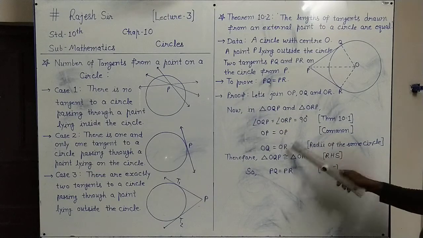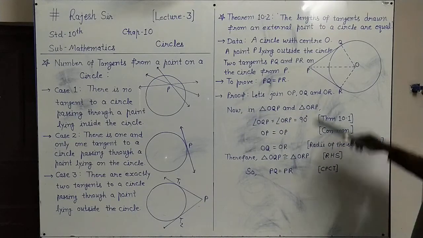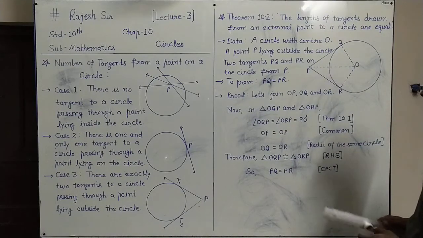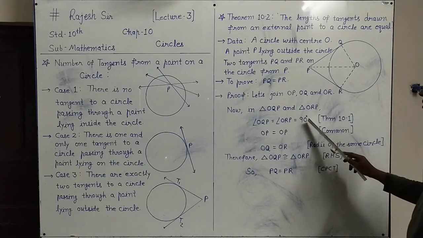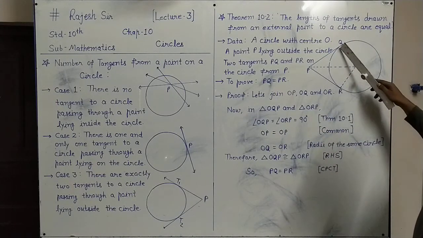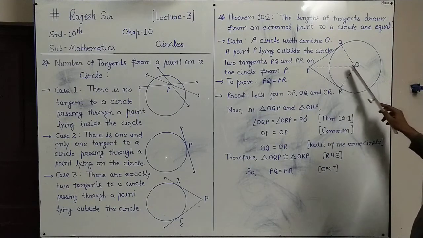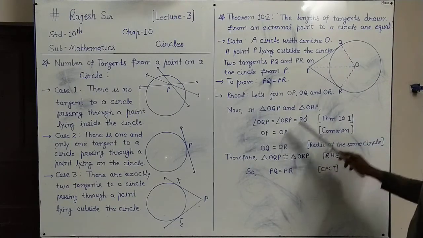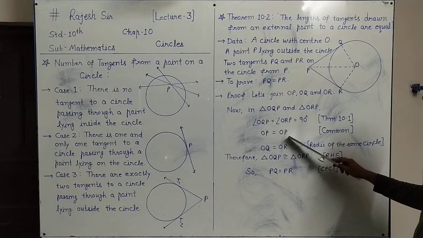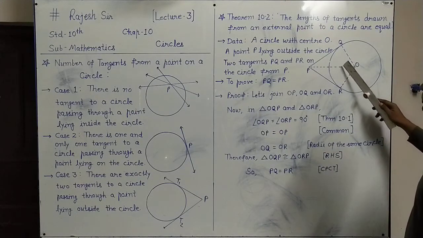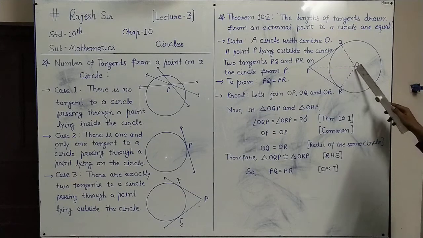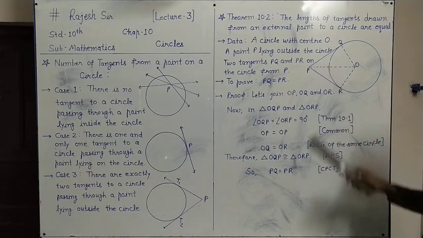Now, showing these three things equal in these two triangles, what have we shown actually? One right angle we have shown, at Q and R. The side opposite the right angle, OP, that is the hypotenuse in both triangles, is equal. And one of the sides, OQ is one side of triangle OQP, and OR is one side of triangle ORP.